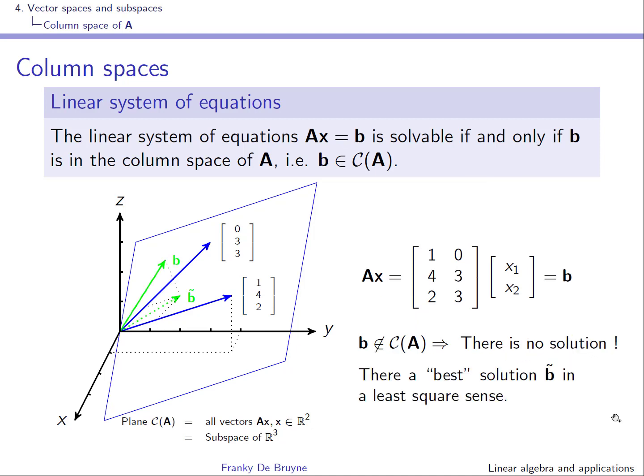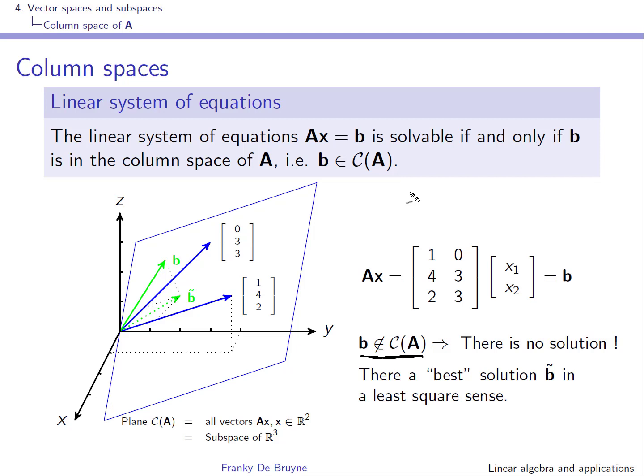Well, we have exactly the same example as before, the same vectors, the same matrix A, so the same column space, and the column space is this plane that is shown over here. It's a subspace of R3, but now our b is different in the sense that it's not in the column space, so there is no solution.